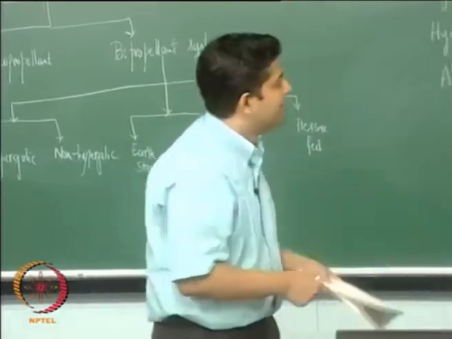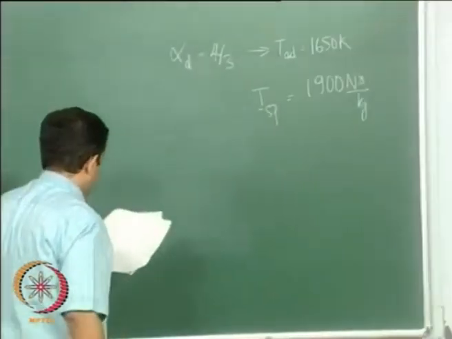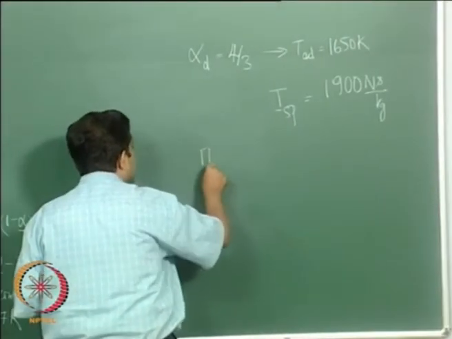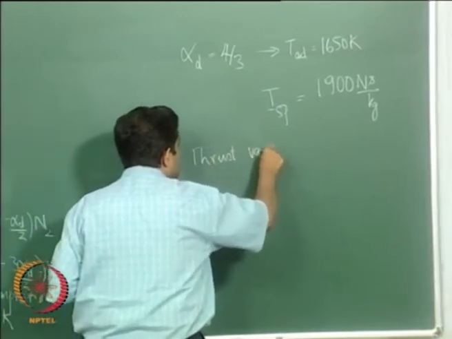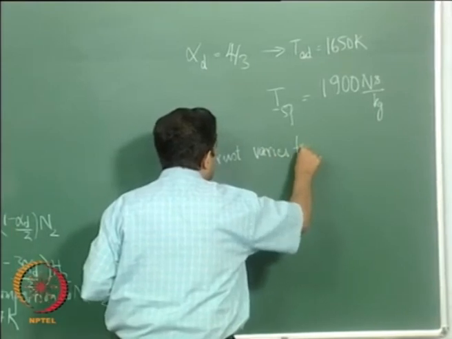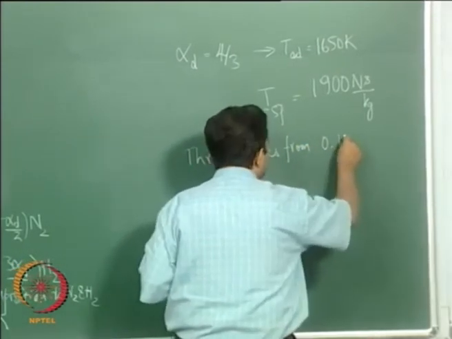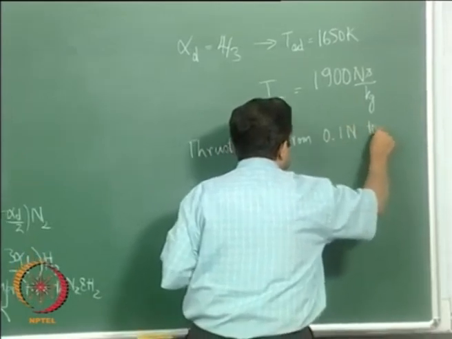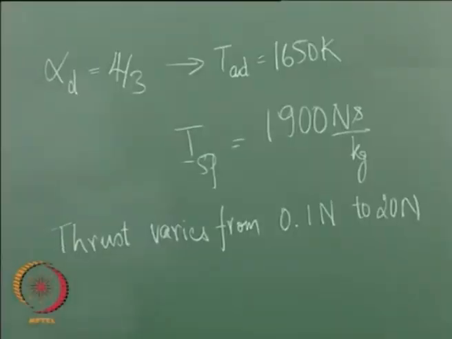The typical thrust that these thrusters will have to deliver varies from 0.1 Newton to something like 20 Newton.